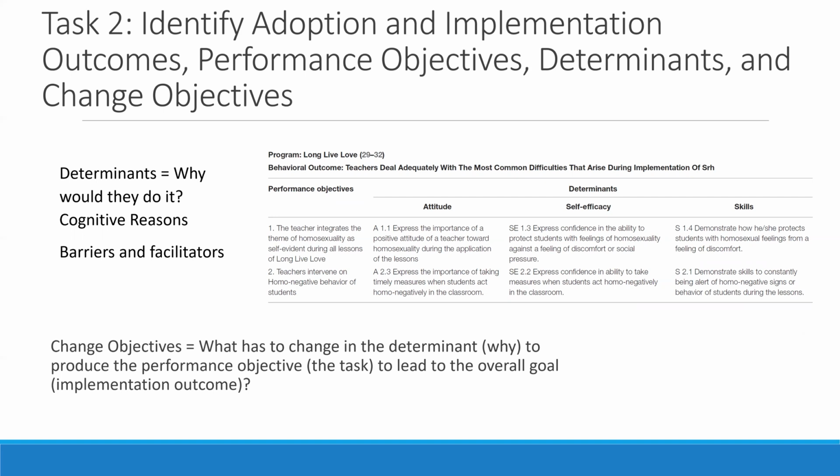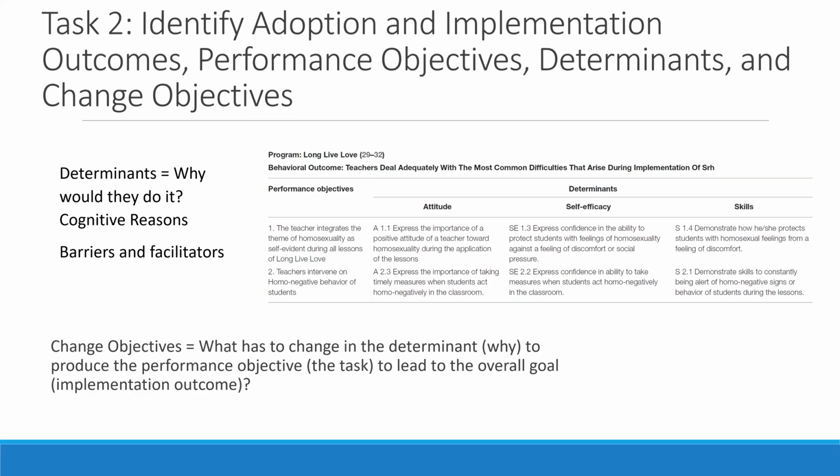And then barriers and facilitators are things that can help and things that can get in the way. And then change objectives is what has to change in why someone would do something to lead to that overall goal. So in this example, this Long Live Love program is basically education about LGBTQ folks, and someone who is going to do that, why would they do it?